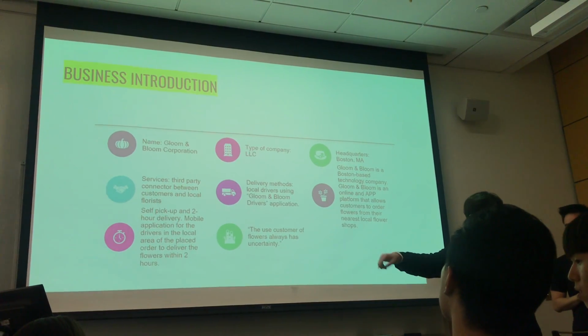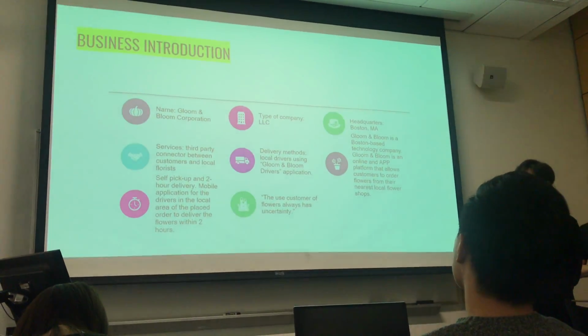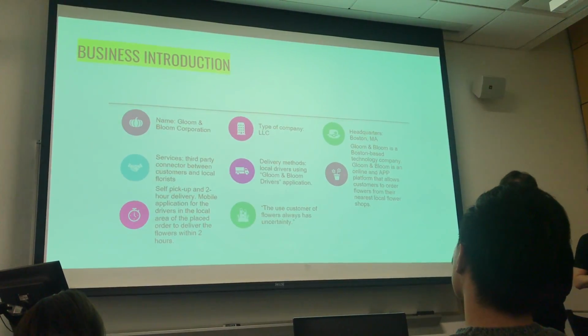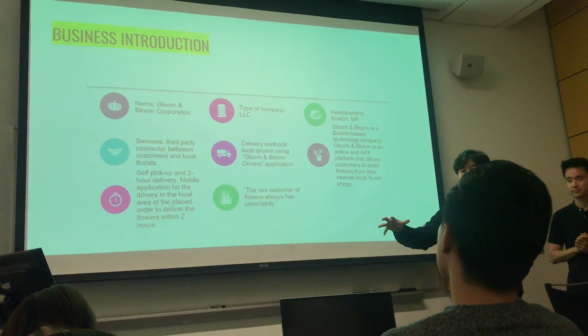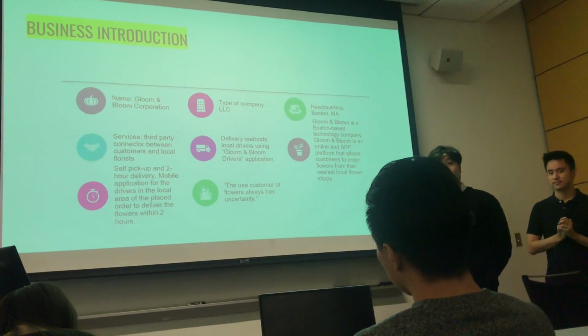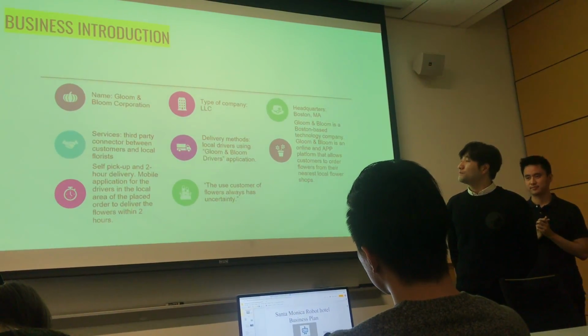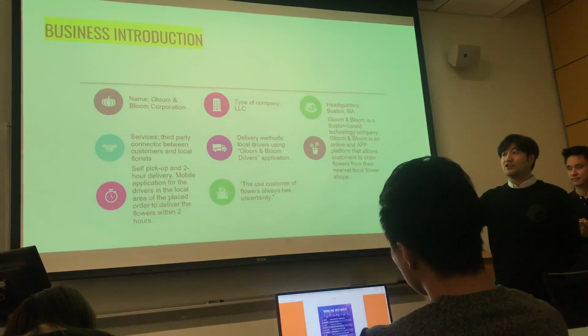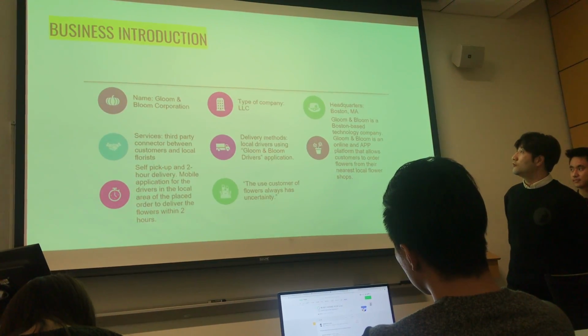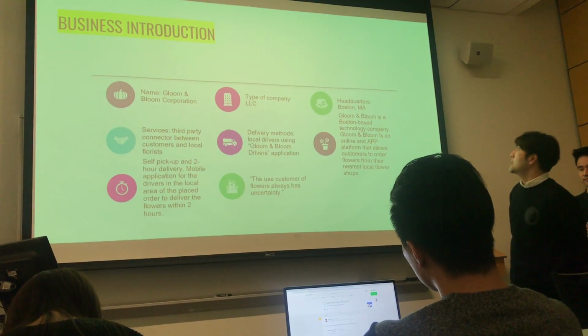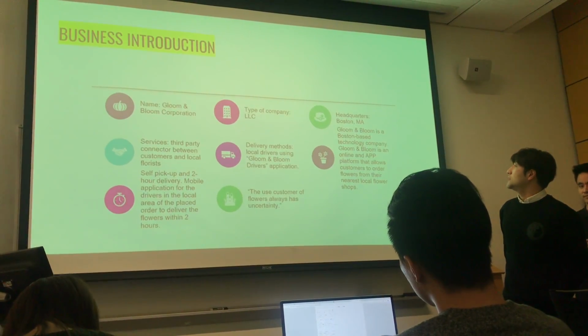For example, four of us are co-founders. So whether we like it or not, we're going to expand our company in the future, and as time goes by we have to change our company form. So the LLC is the appropriate company form for that. So that's why we choose the LLC.